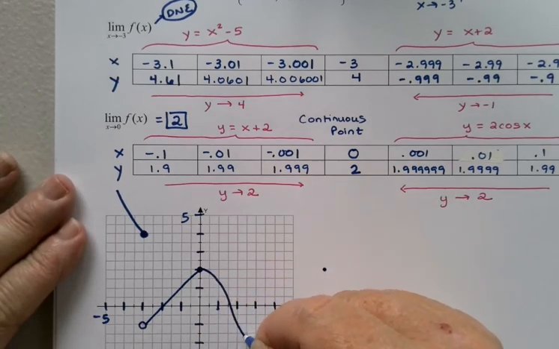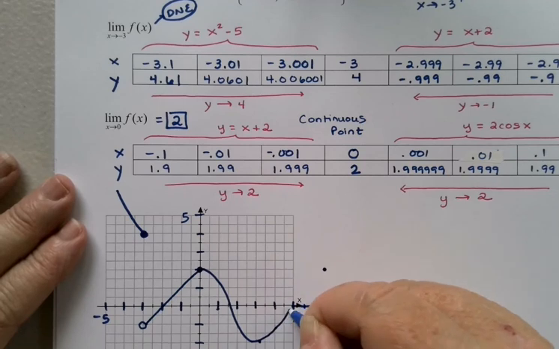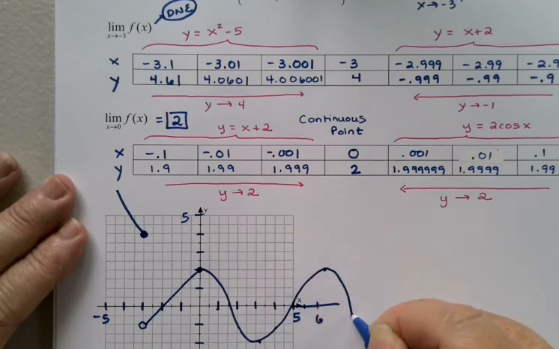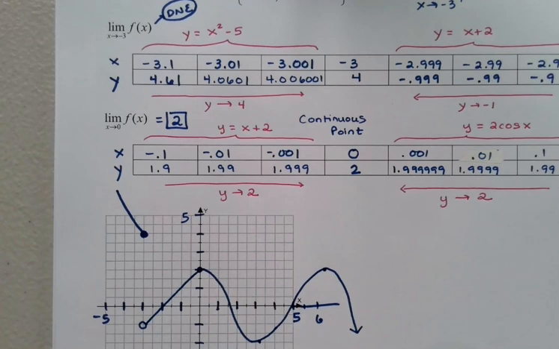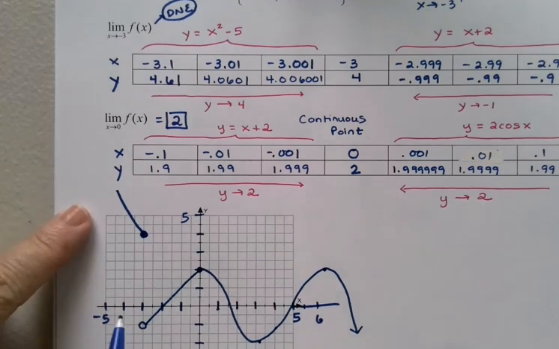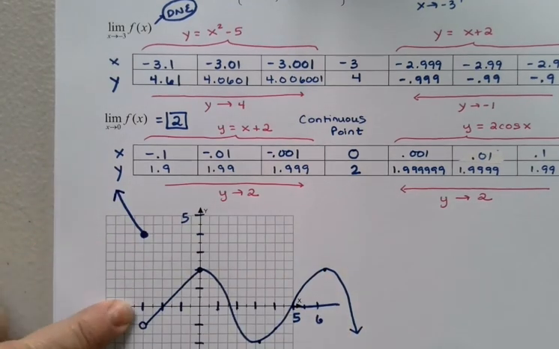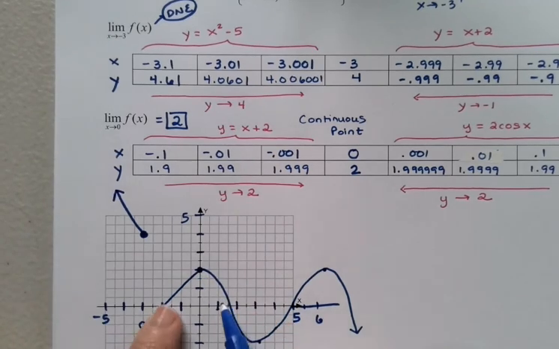And I'll draw the beginnings of a cosine curve there. But you can see how the jump shows up in our graph, and then the fact that these two pieces matched up from the left and the right made that a continuous point. All right, that brings us to the end of section 1B.